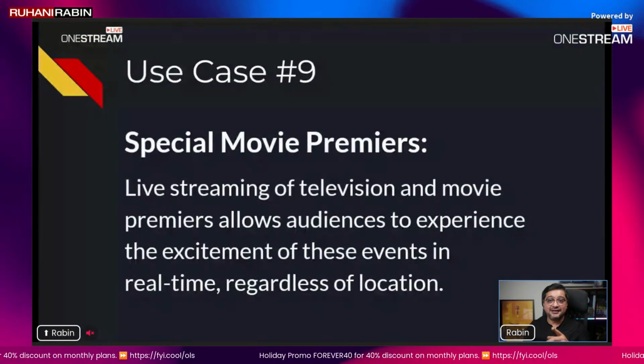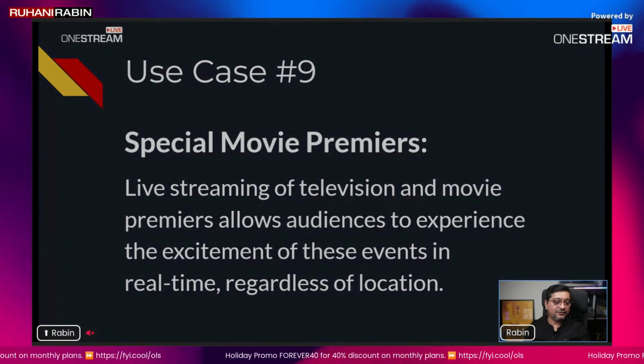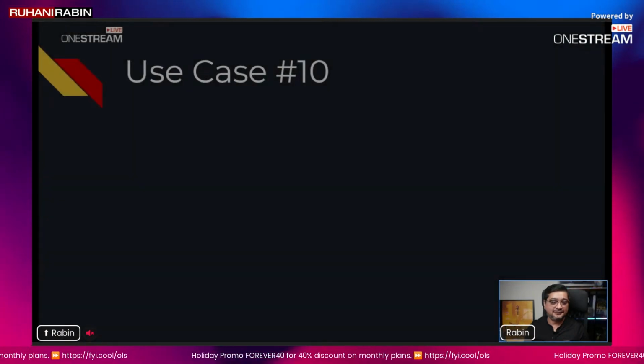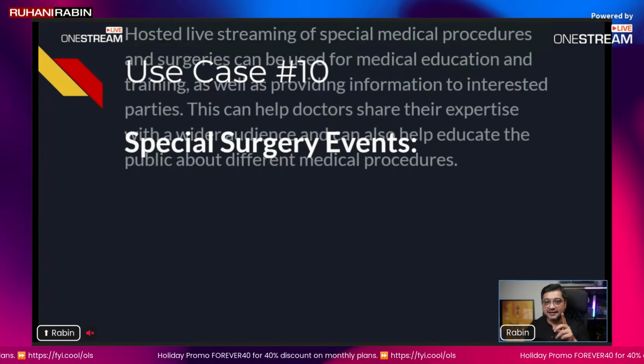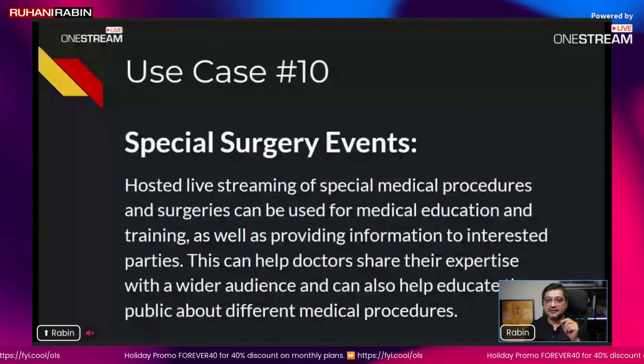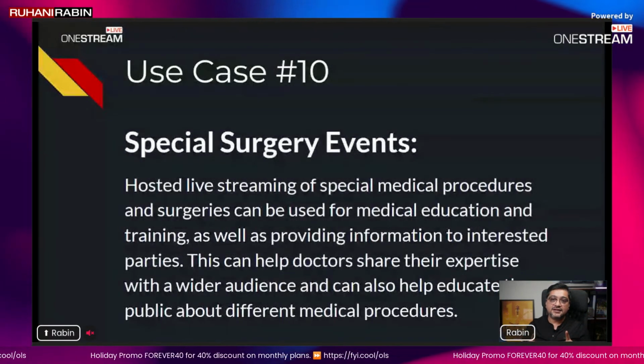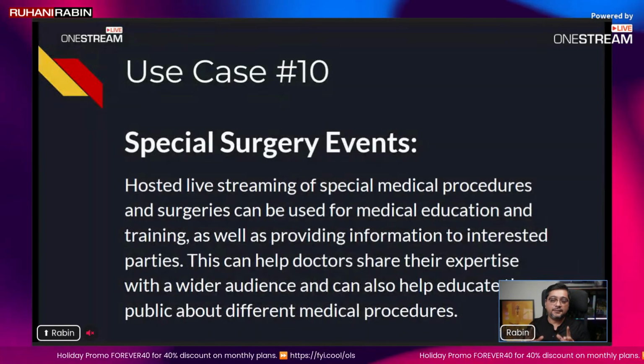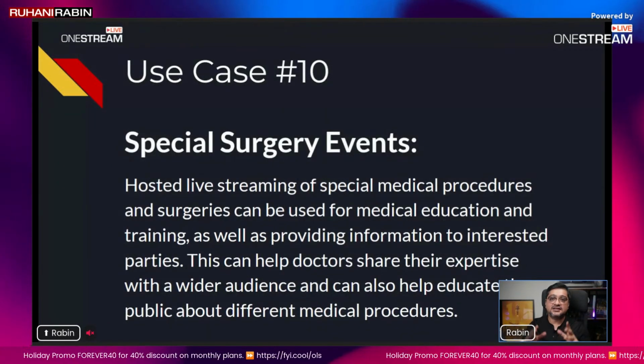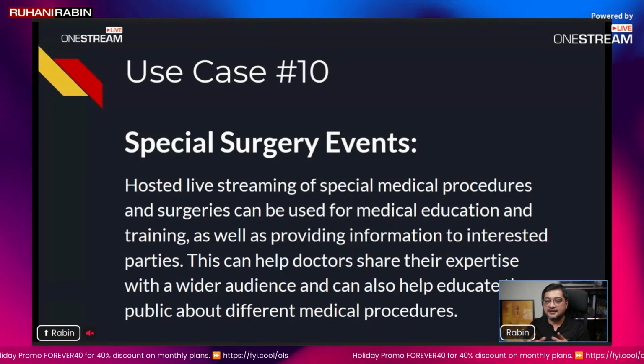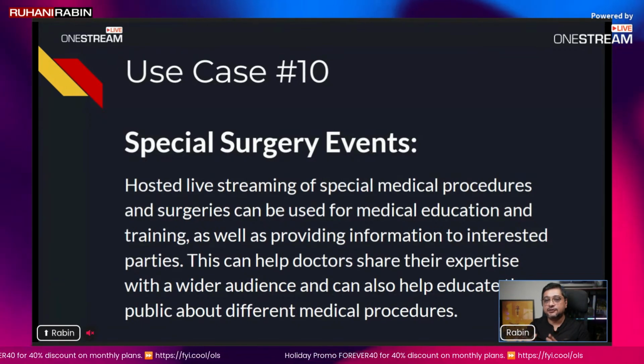Now, I want to see what your thought is about case number 10. This one I have seen on History Channel, that they do live streaming of very complicated surgeries, such as deep brain surgeries or specific body part surgery that is extremely difficult to do.